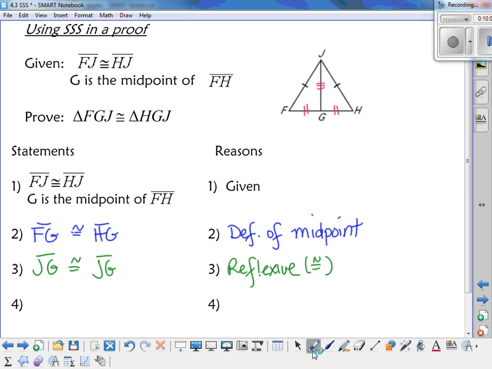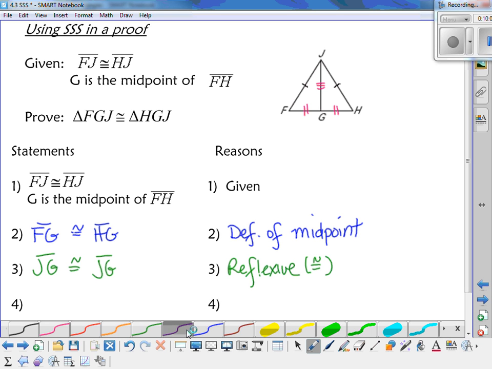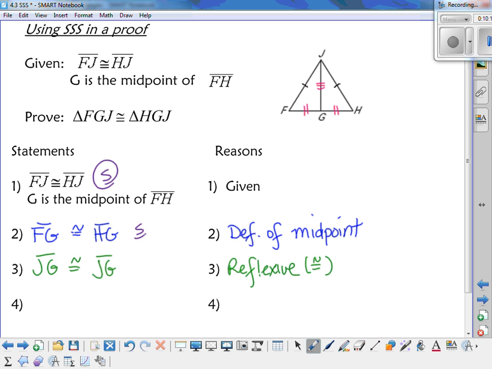So now if I look at what I've got here, here's one side, here's the other side, and the third side. I've got all three sides listed, so by side, side, side, I can say triangle FGJ is congruent to triangle HGJ. So when you're using side, side, side, you need to list all three sides being congruent, and of course you have to have a reason for believing that, and then you're done. You can say the triangles are congruent.